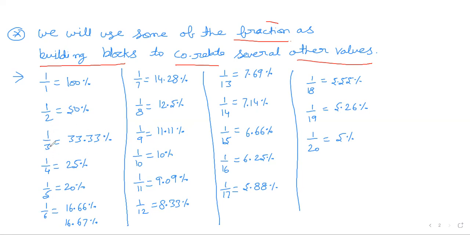How? 1 by 3 is 33.33%, divided by 3, we can easily get 1 by 9 is equal to 11.11%. Like if we have 1 by 2, 50%.